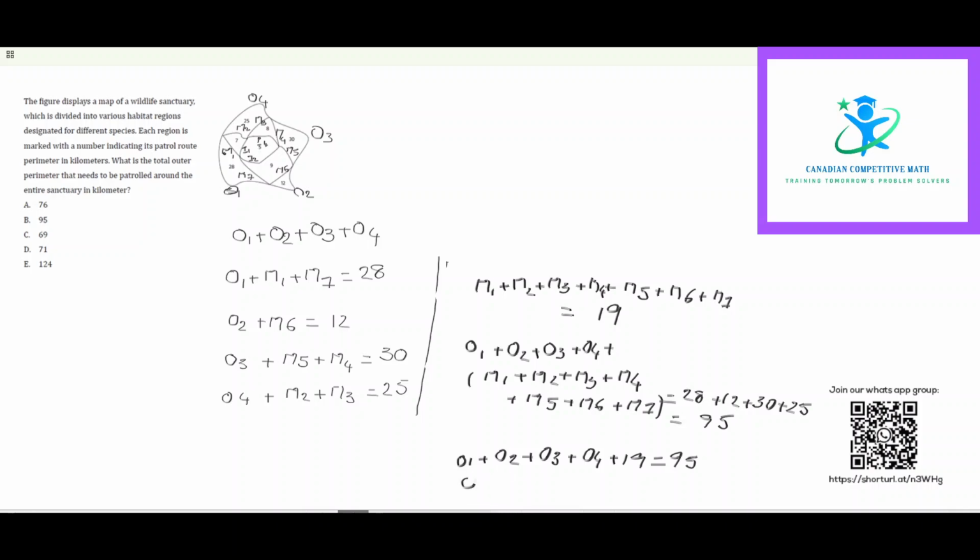Right, so O1 plus O2 plus O3 plus O4 equals 95 minus 19, which is 76. So the answer is A, 76.